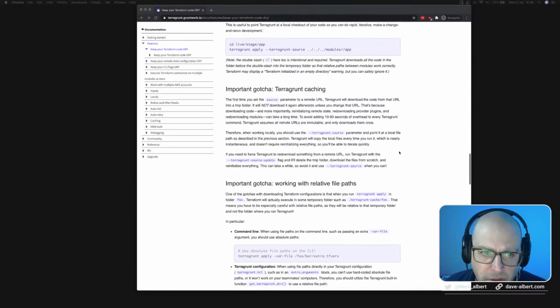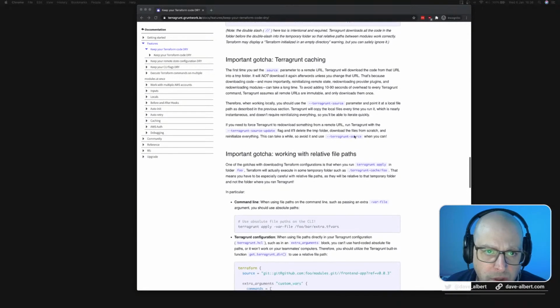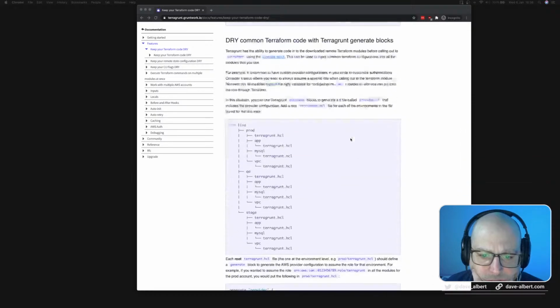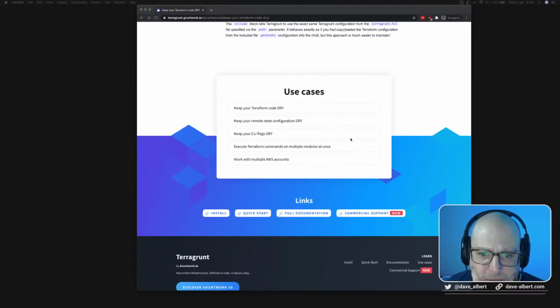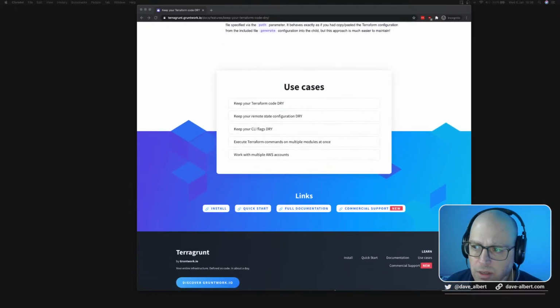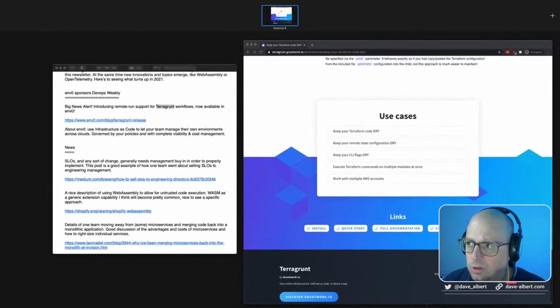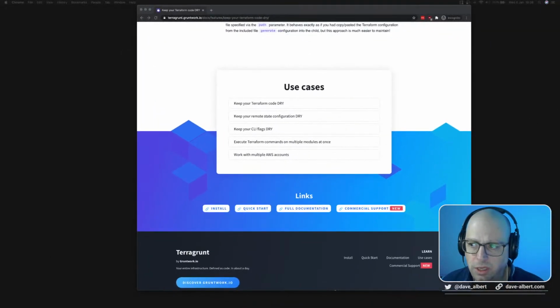So just looking through the Terra Grunt, I wonder if there's a good side-by-side comparison. I need to move the screen here. Okay. Let's see.